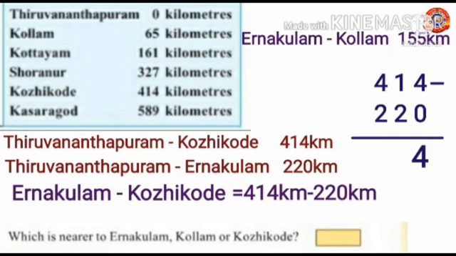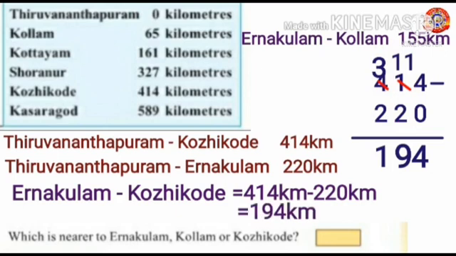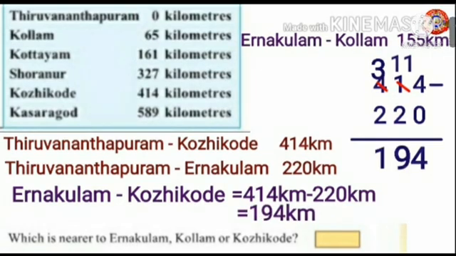We can't subtract 2 from 1, so borrow 1 from 4. 1 becomes 11 and 4 becomes 3. 11 minus 2, 9. 3 minus 2, 1. 194. The distance from Ernakulam to Kozhikode is 194 km.